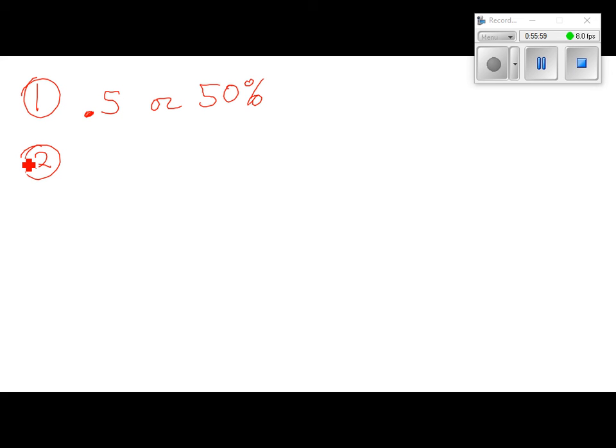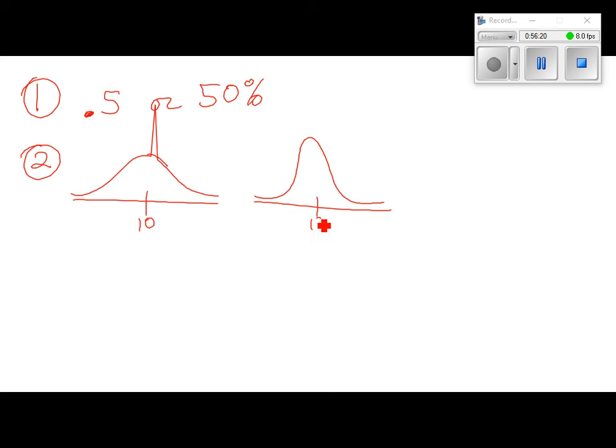Number two, draw two normal curves that have the same mean but different standard deviations. If I draw my first one, and that's supposed to be the one that we use all the time, what could I make the next one look like? Less spread out, maybe put some numbers in here. 10 is our mean. They have the same means.